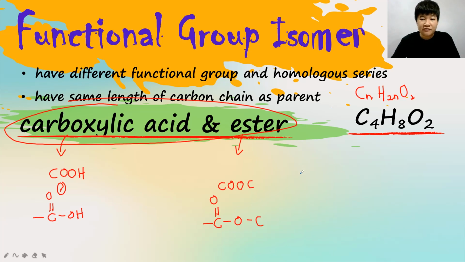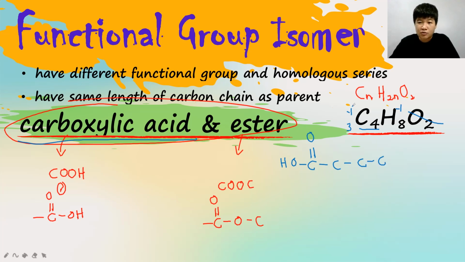So let's start with carboxylic acid. Carboxylic acid over here is your COOH, C double bond O, OH. I have 4 carbon, but I have used up 1. Oxygen 2, settled. Hydrogen, I have used 1 hydrogen. So I have 3 carbon left over here. I just simply put it in the form of a straight chain. Simple.